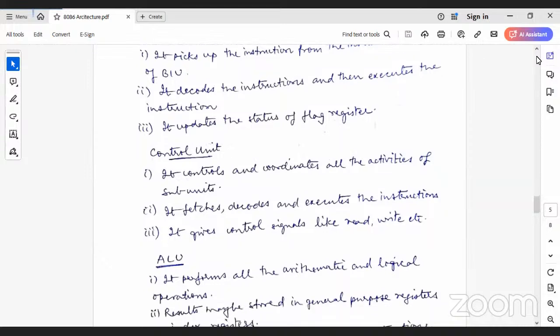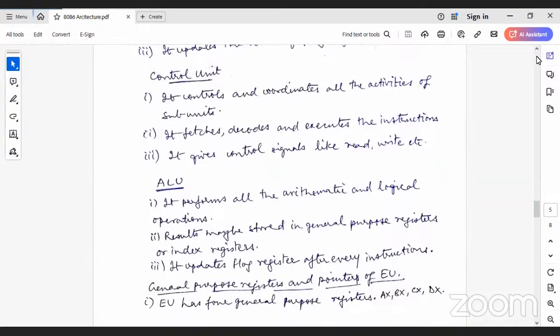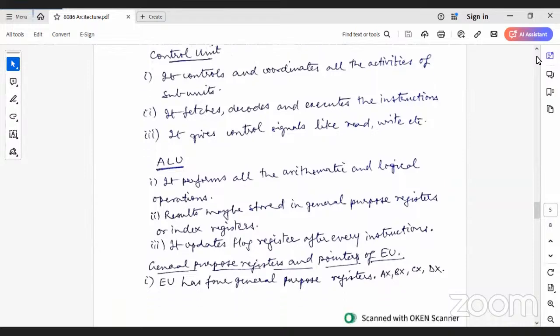Now ALU, as I already said, performs all the arithmetic and logical operations, and the results are stored in the general purpose register or index registers. Earlier also in 8085 you could store the result in the general purpose register, or you can store it in the memory locations also, provided the address of the memory location is given.